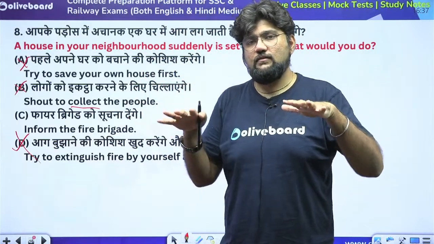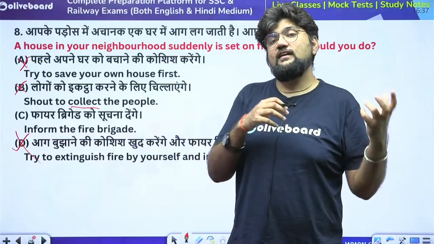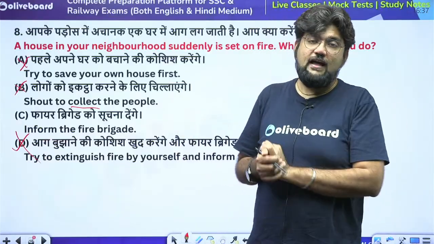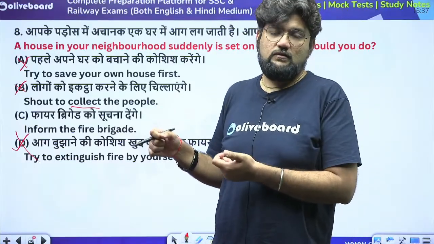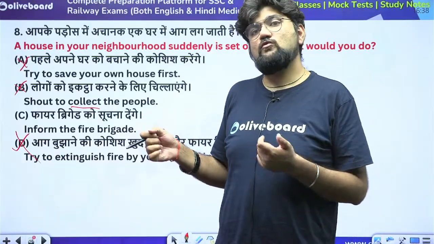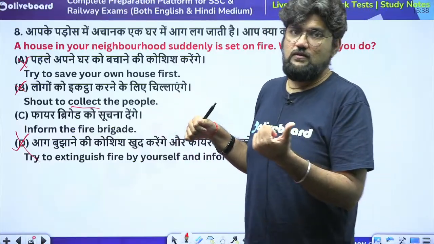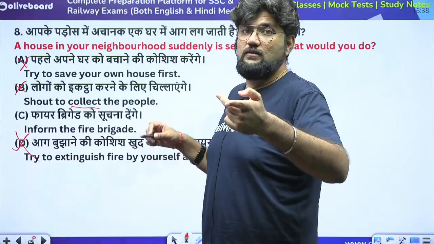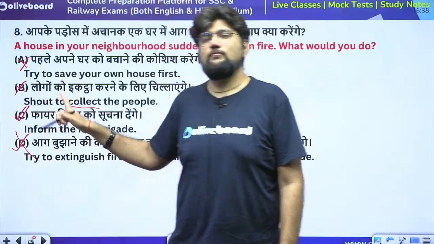I think everybody knows that for each type of fire, for each different source, there is a different way to extinguish it. If a house is on fire, you cannot do anything with a bucket of water. Even if you start extinguishing, God forbid, you might just increase the flames because of your incorrect sense of fire extinguishing. So what you need to do here is only one thing: inform the fire brigade.